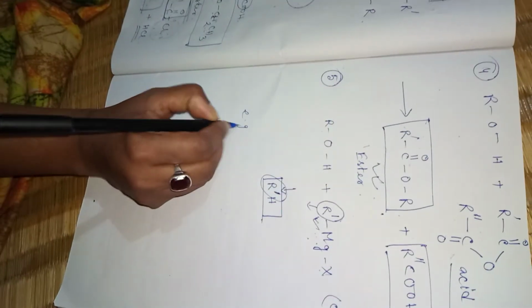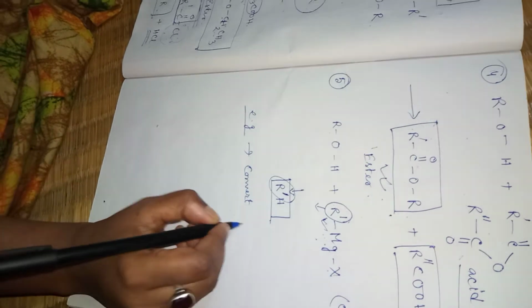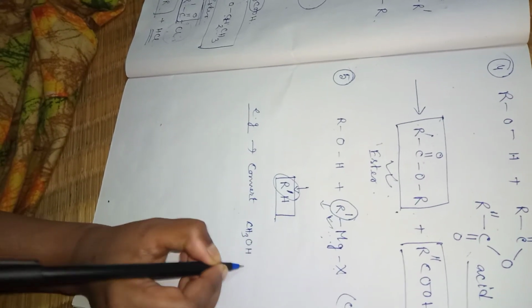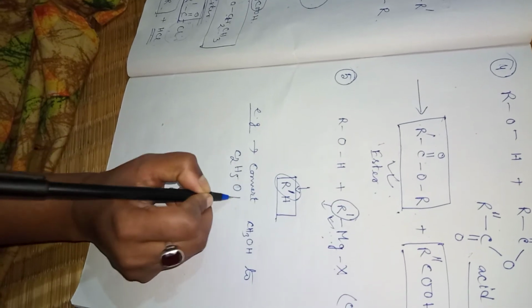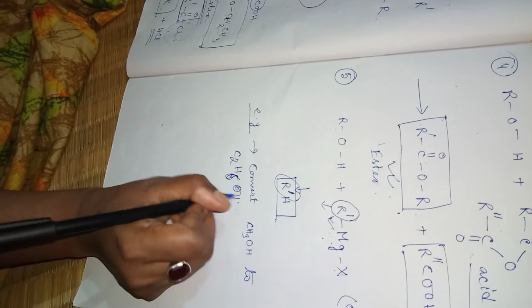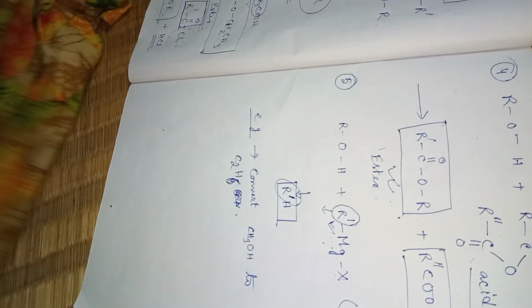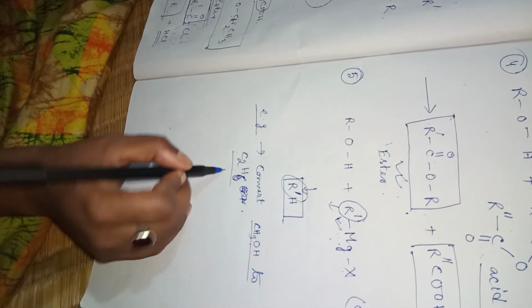As an example, suppose we convert CH3OH to C2H6.